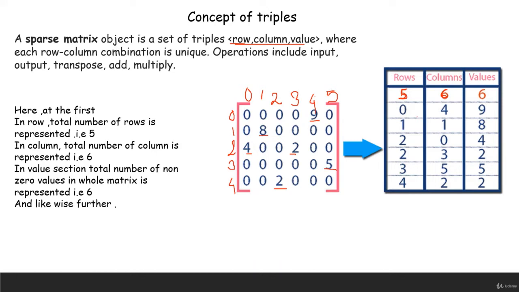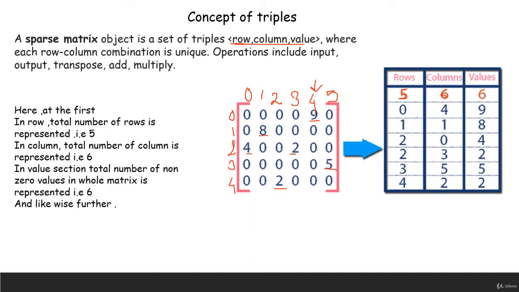Please neglect my dirty handwriting. So from 0 to 5th index position there are 6 columns, and from 0 to 4th index position there are 5 rows. So at 0th row, and 4th column, where is the 4th column? It is here. What is the non-zero value? The non-zero value is 9. Likewise, we have just taken those non-zero values, rows and columns.